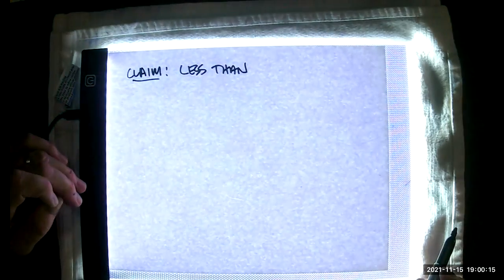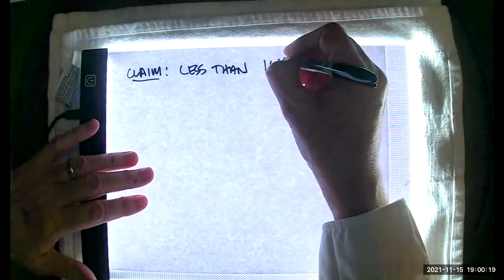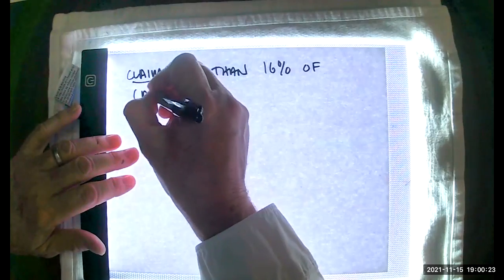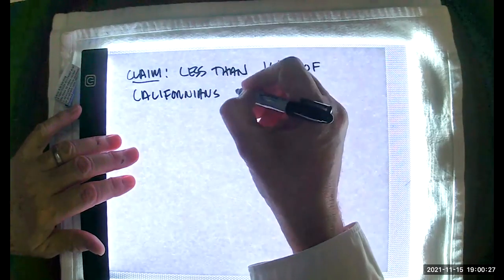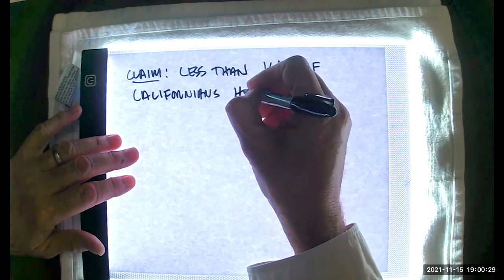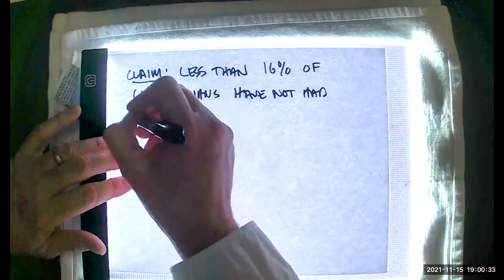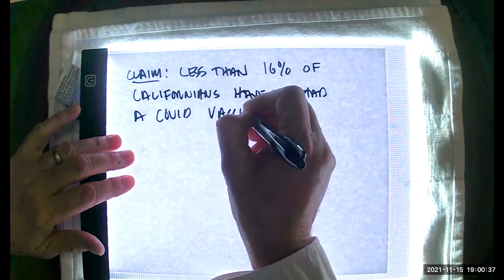Less than 16% of Californians have not had a COVID vaccine.